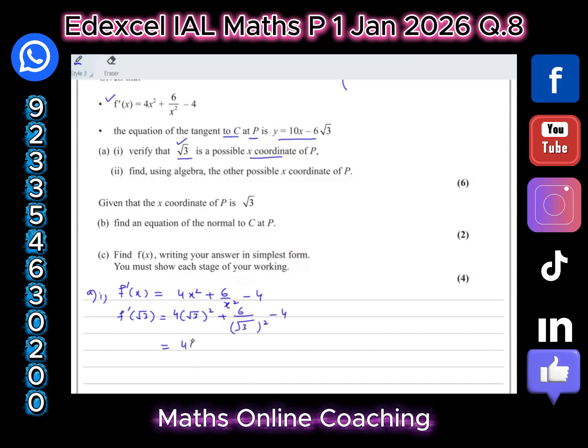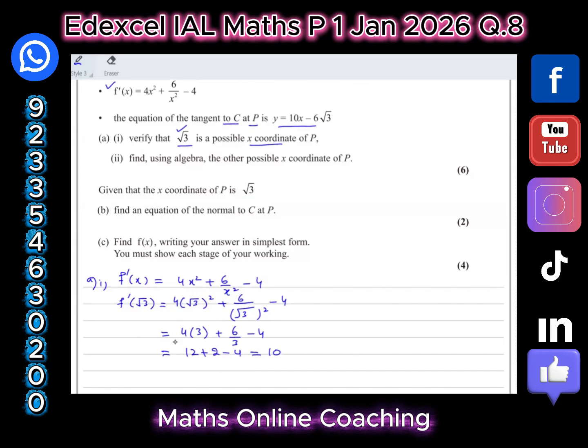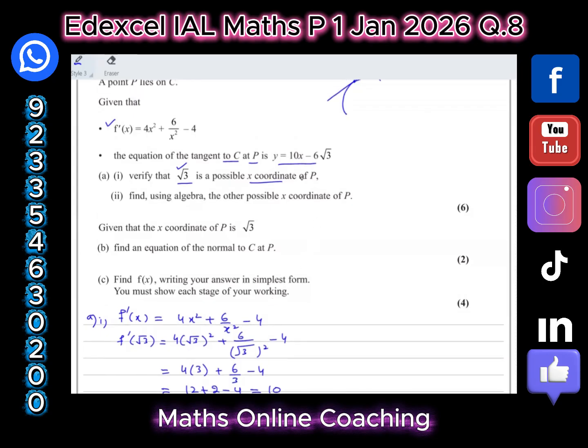This is equal to 4 times 3 plus 6 by 3 minus 4. This is equal to 12 plus 2 minus 4, which is 10.